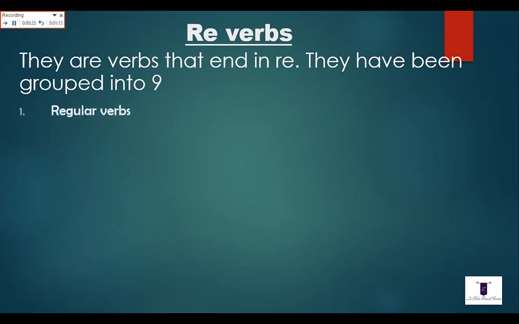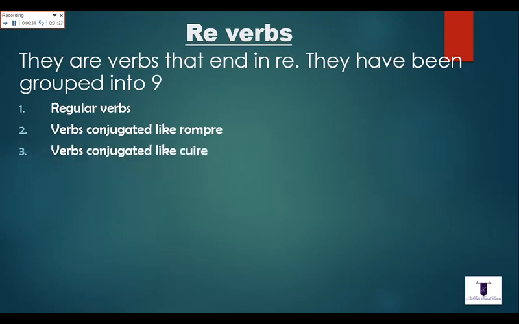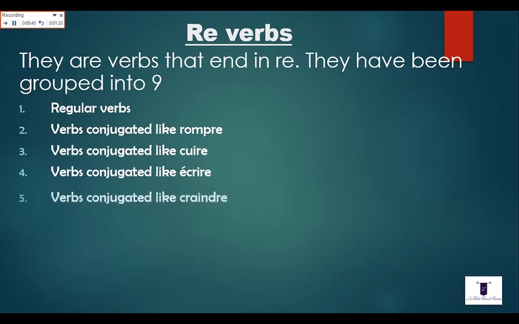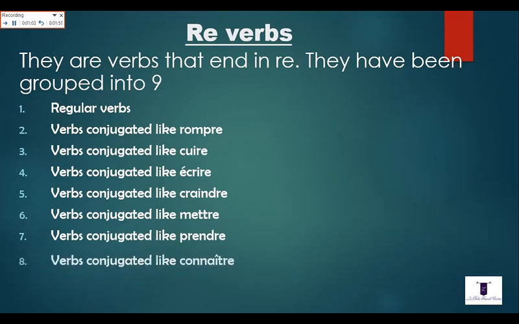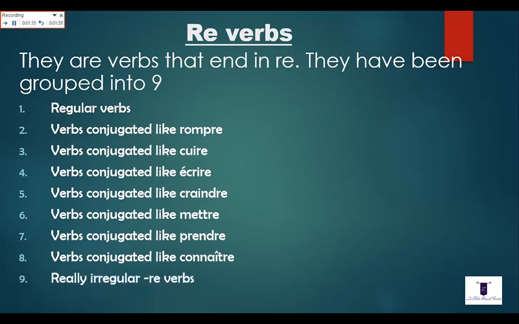In these 9 groups, we have the regular verbs, the verbs conjugated like rompre, verbs conjugated like cuire, verbs conjugated like écrire, verbs conjugated like craindre, verbs conjugated like mettre, verbs conjugated like prendre, verbs conjugated like connaître, and the last one, the really irregular RE verbs.